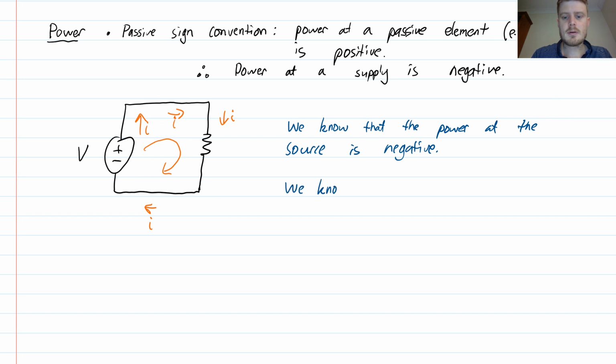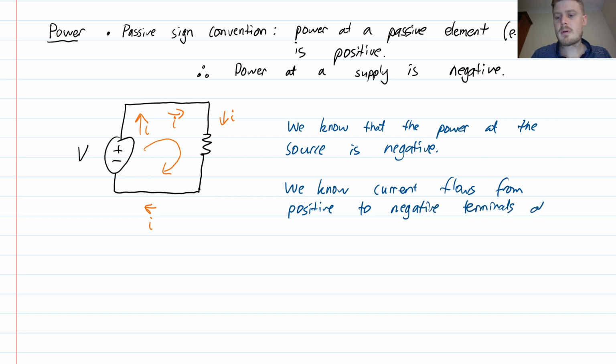We know current flows from positive to negative terminals of a supply. This is the definition of conventional current. It flows from a more positive voltage to a less positive voltage.